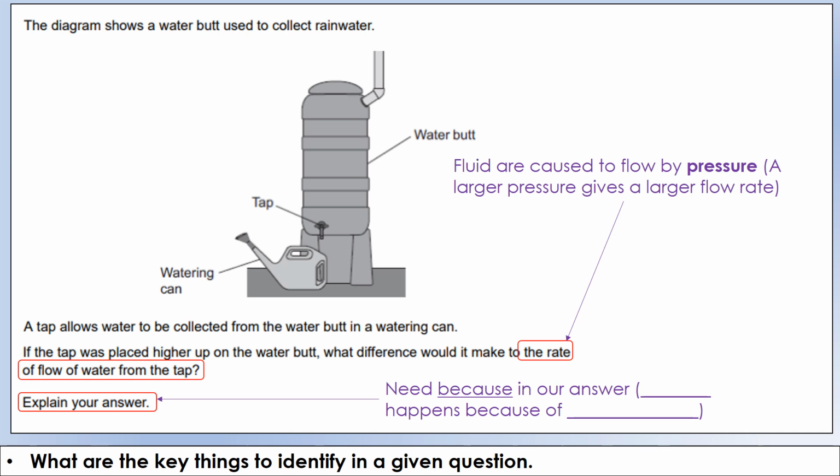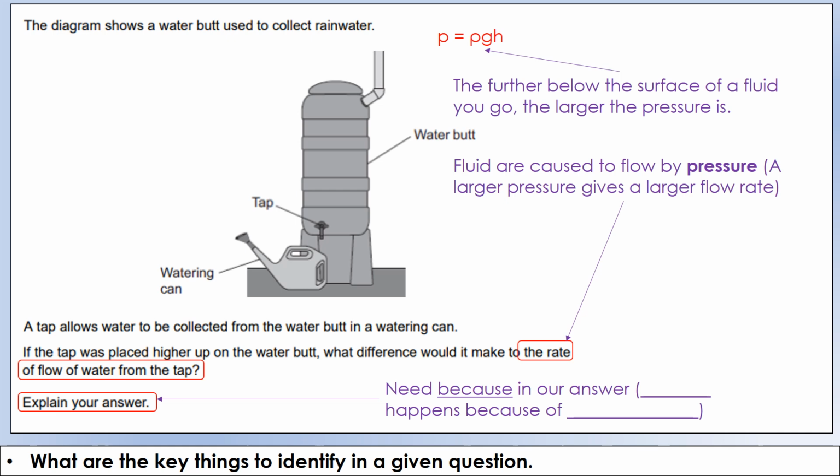It's the same model. So what does this look like? We need to think about what causes the pressure in this context. The equation that's useful here is pressure is the density of the fluid times gravitational field strength times the distance below the surface. So you can see the further below the surface of a fluid, the larger the pressure is going to be. That's going to be helpful in answering our question.